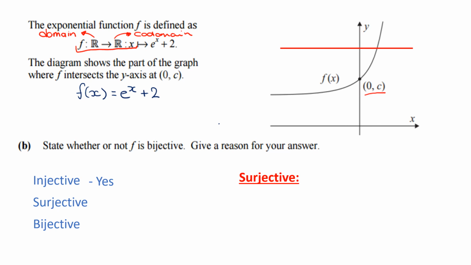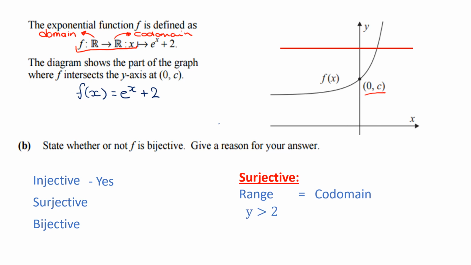surjective. So for surjective, really it's trying to understand, are all the possible y values used? So a quick way to do that is to compare the range to codomain. Now, because part A has asked us to work out the range, and because the question has so obviously given us that codomain as part of the function, I think this is a nice way to move, especially for this question.